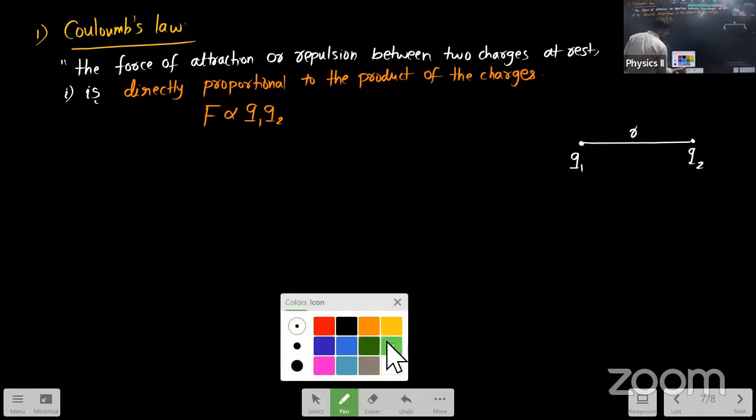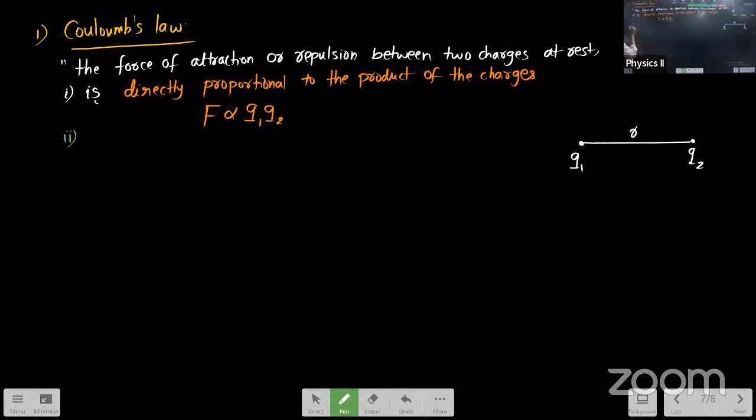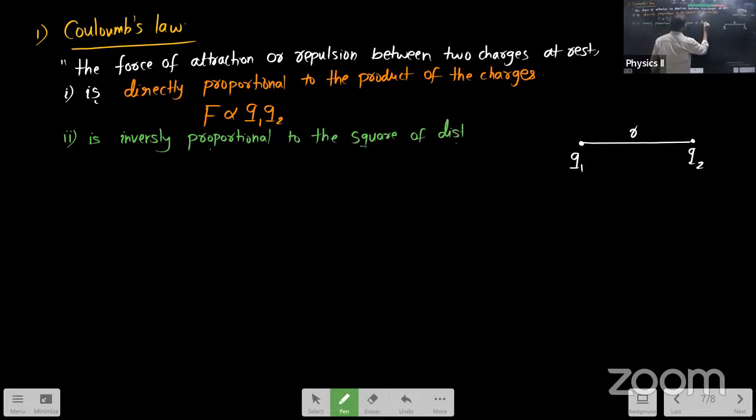Now let us write down the second statement. Here the force of attraction or repulsion between two charges at rest is directly proportional to the product of the charges. And the next statement is inversely proportional to the square of the distance between two charges.